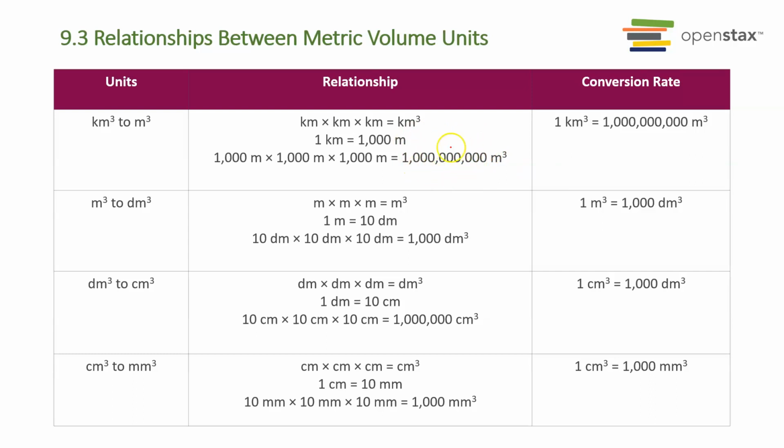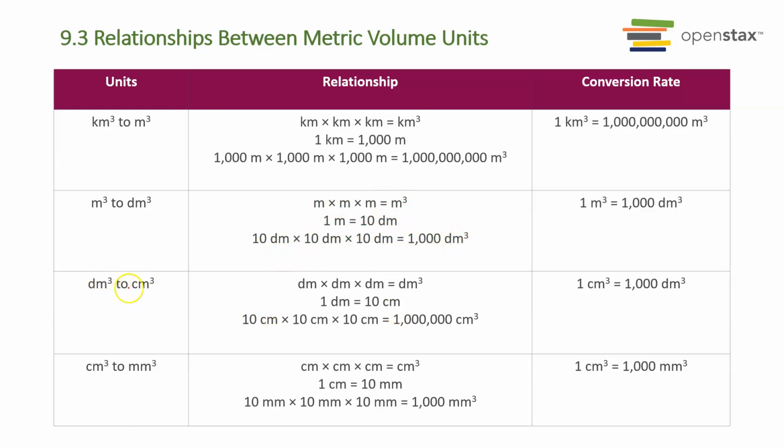So there are 1 billion cubic meters in a cubic kilometer. Or going from meters cubed to decimeters cubed, a meter has 10 decimeters, so that's 10 times 10 times 10, which is 1,000 decimeters.